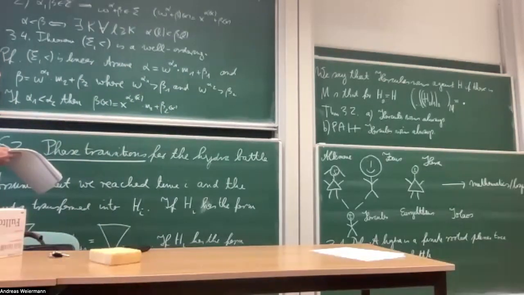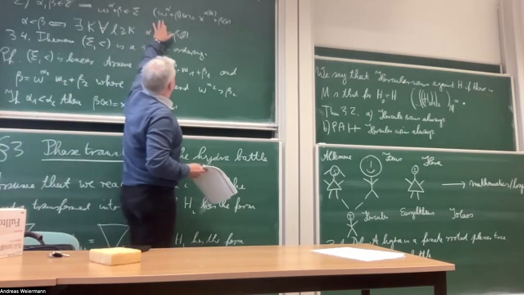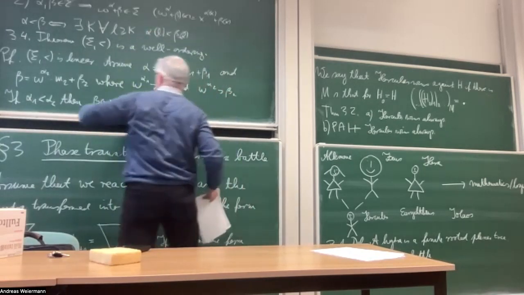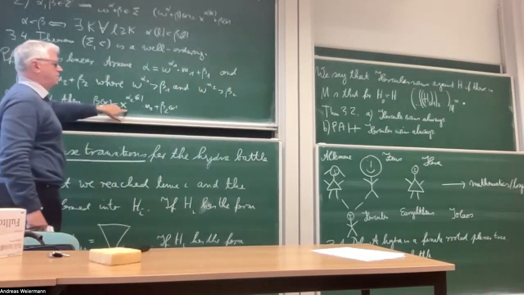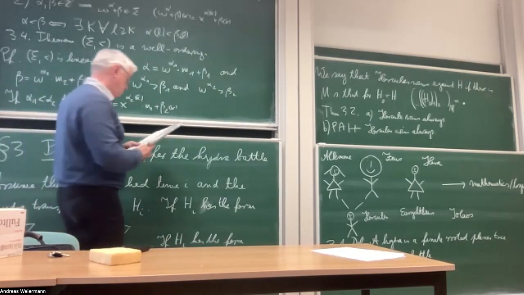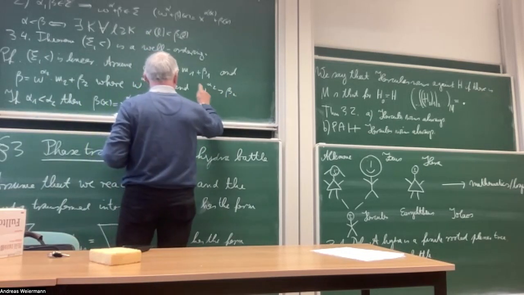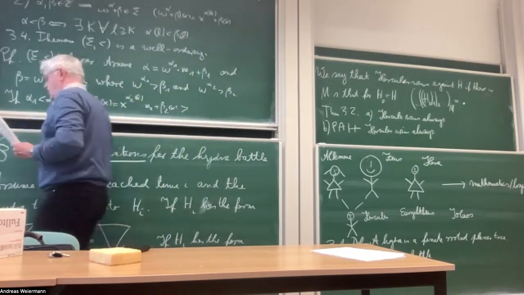I already replaced the omega by x, so I plugged in here already the definition. Now this is bigger than what? Beta 2 is smaller than omega to the alpha 2.